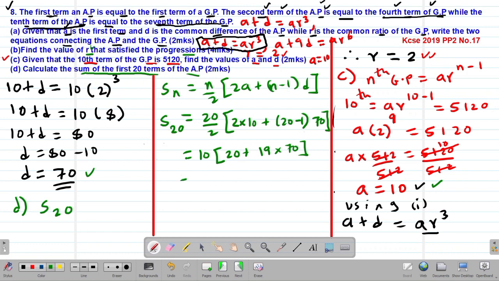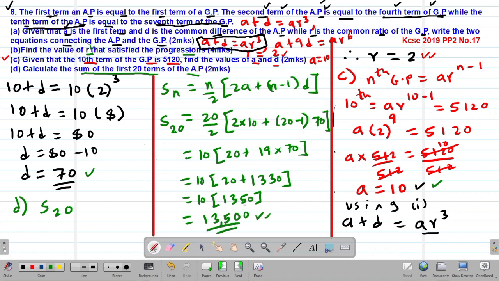So this will be 10 into bracket 20 plus 19 multiplied by 70. If you feed that on your calculator, you'll get 1330. Then this will be 10 into bracket 1330 plus 20, you'll get 1350. Then 1350 multiplied by 10, you're going to get 13,500. Therefore, this is the sum of the first 20 terms of this particular arithmetic progression.